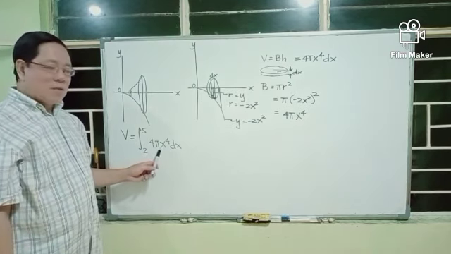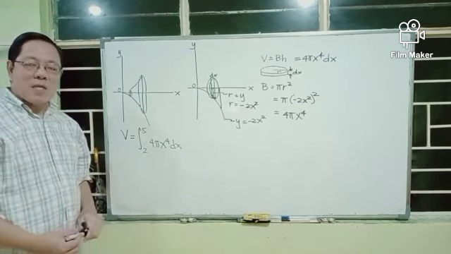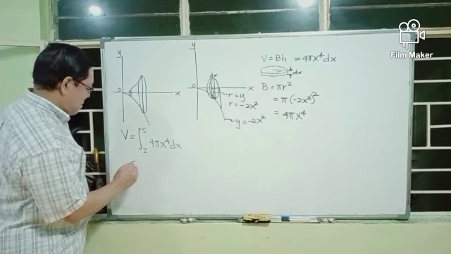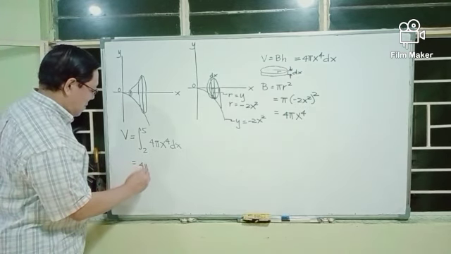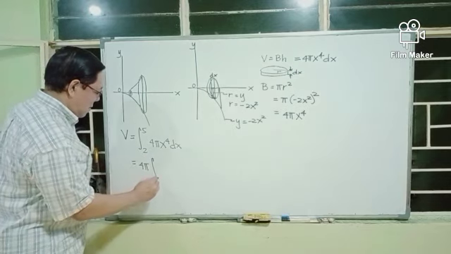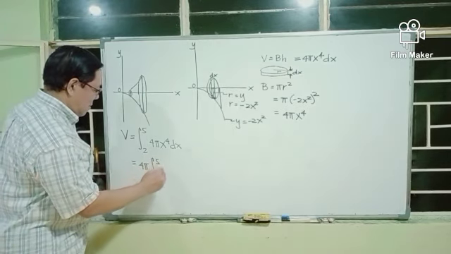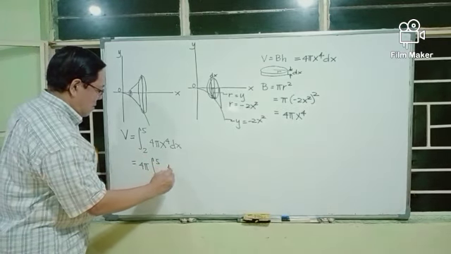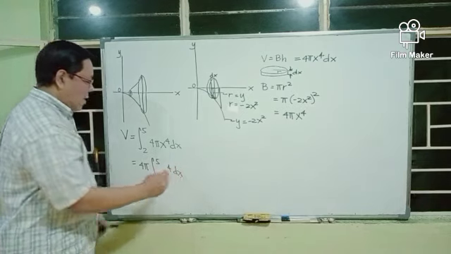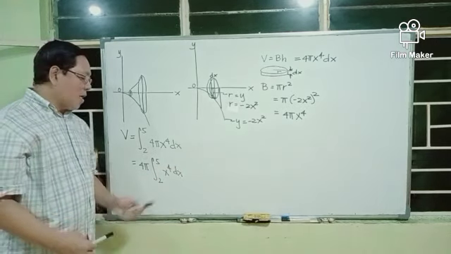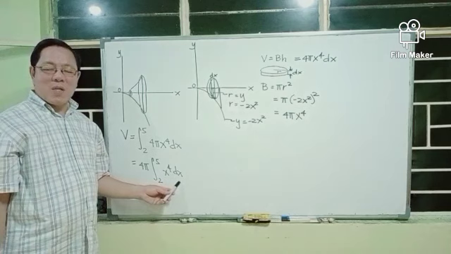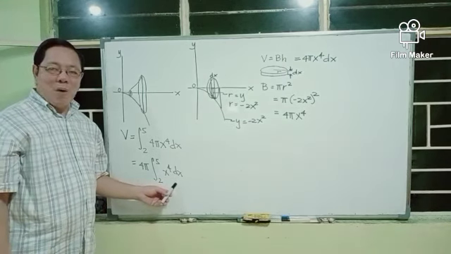4 pi is a constant, so we can take that out of the integral sign. And to get the integral of x raised to 4 with respect to x, we apply the power rule.